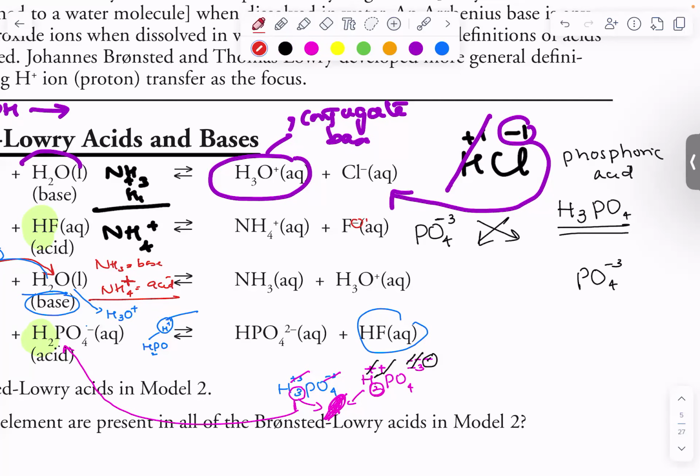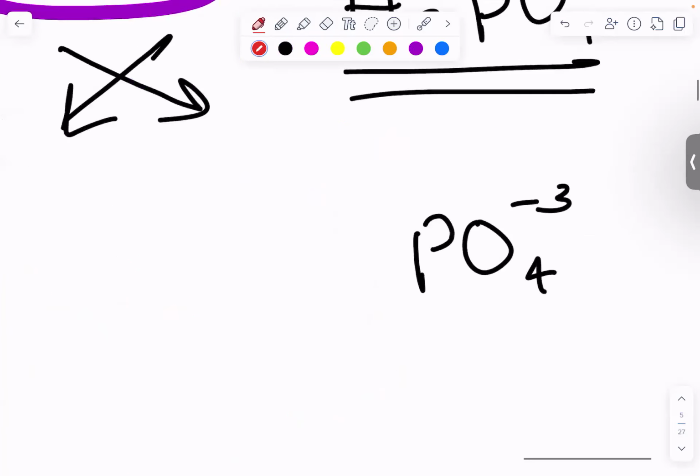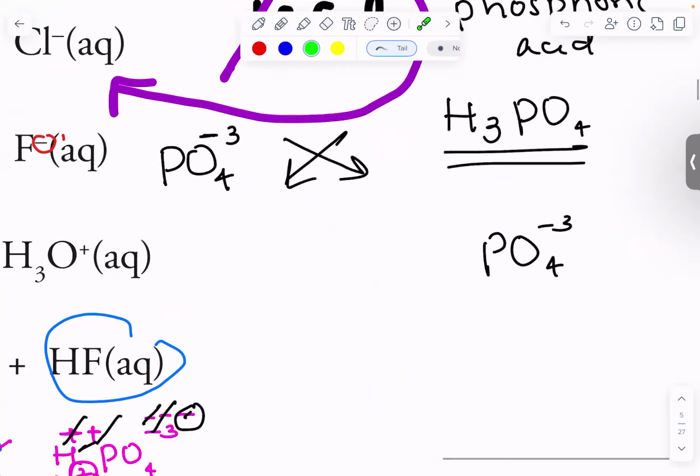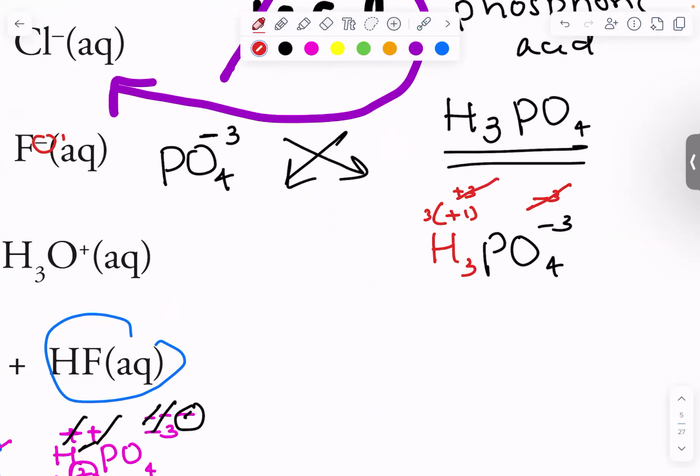Hydrogen ion carries a positive charge. How many hydrogen ions should I have to make this neutral and get a zero charge on it? 3. So I have to write H3. Then what is going to happen? 3 times plus 1 would be equal to plus 3, and minus 3, it will get cancelled. This is one way.